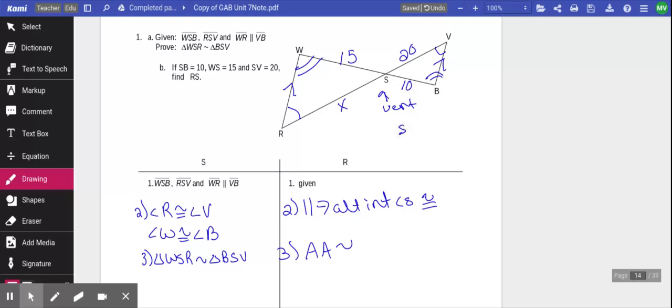So it really goes SB over SW equals SV over SR. That's how they're proportional because of corresponding parts. So then I'm just going to do 10 over 15 equals 20 over x. Cross multiply, 10x equals 300, x equals 30.